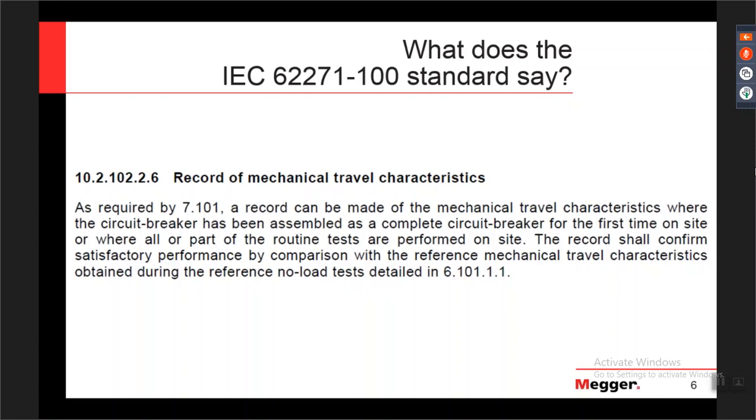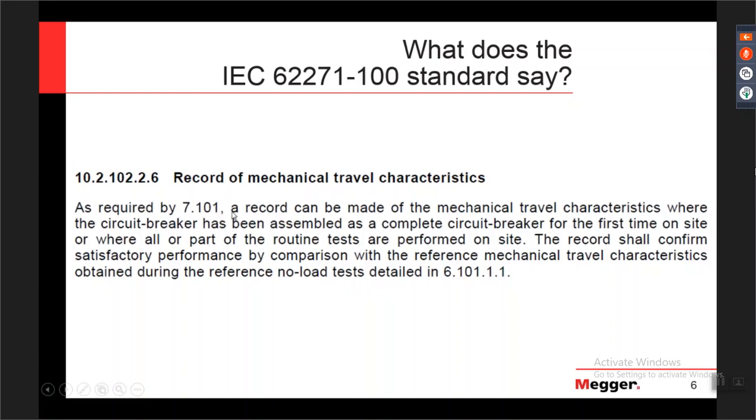However, it's a good reference. What does it say about motion measurement? It doesn't really say this. By the way, section 10 is about commissioning and maintenance and so on, so it refers to section 7, that is the routine test in the factory.